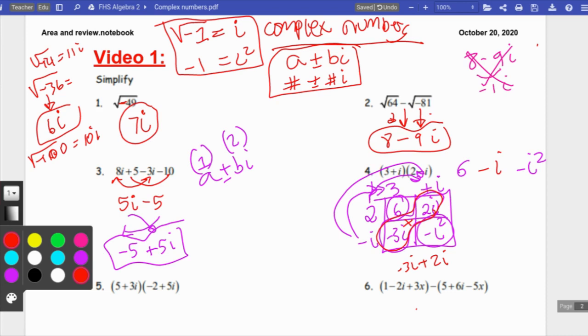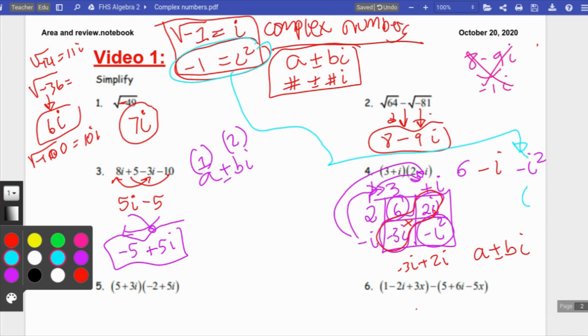All right. So now we're not done. How do we know we're done? You will know when you have something like this. If you remember, I mentioned earlier about this right here. Because I have i squared, that needs to turn into a negative 1.